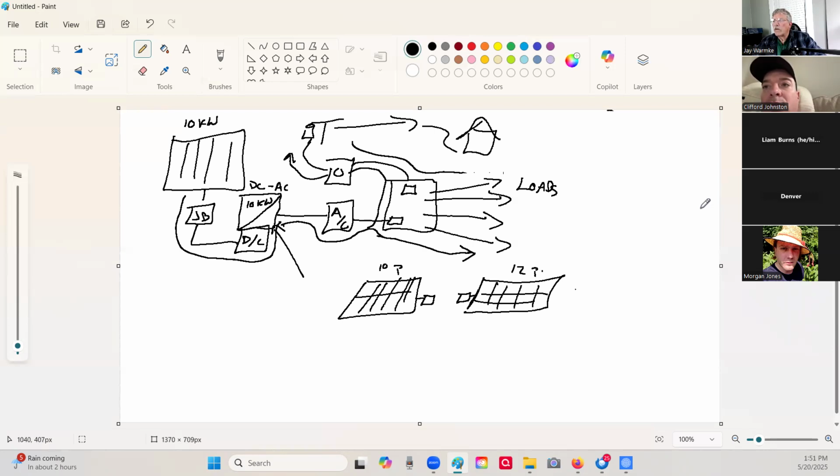These things would be generating 240 volt AC power, right? Yep. So we would come from here, and then Enphase has another thing that they call the Enphase combiner box. And you would hook into a double pole breaker here and a double pole breaker here.